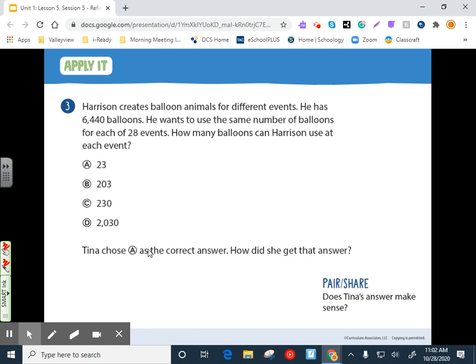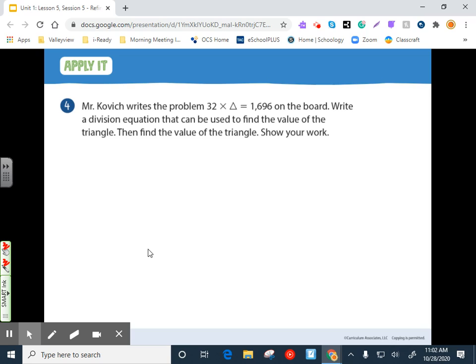All right. Let's look at number 4 on page 101. Mr. Kovich writes the problem 32 times triangle equals 1,696 on the board.